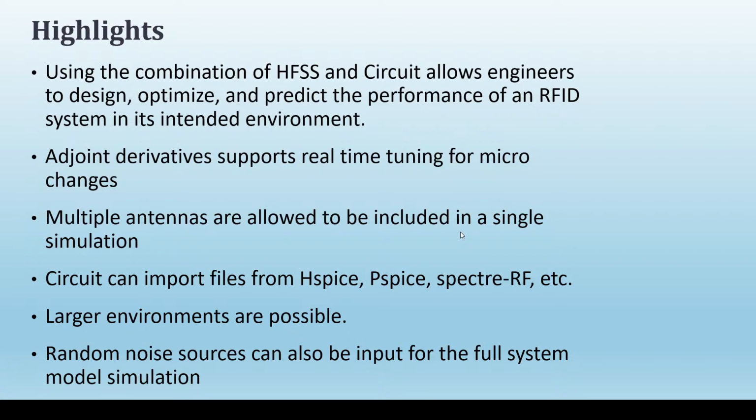Then I know I need to tune my antenna radius to be bigger, etc. Adjoint derivative is one of the special capabilities that only ANSYS HFSS has, and you probably cannot find it in other EM simulation tools.